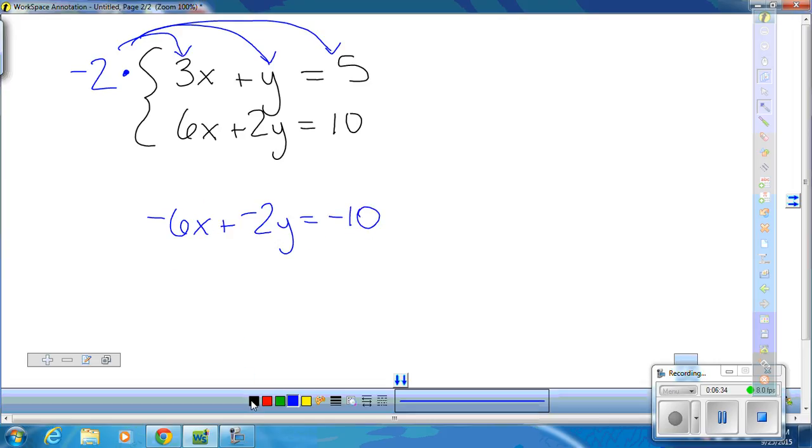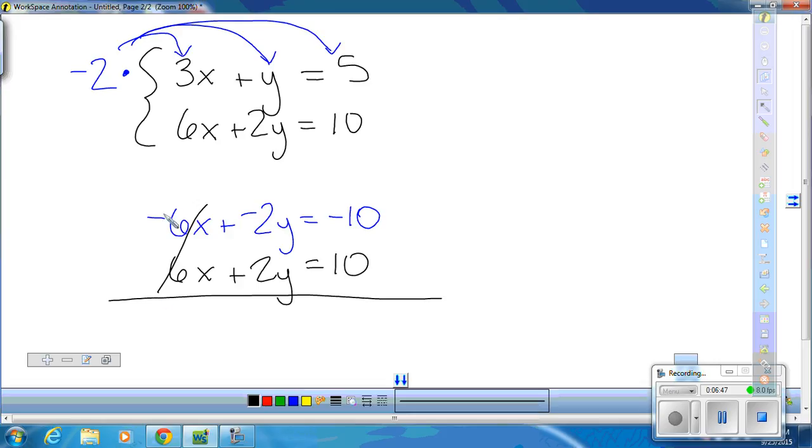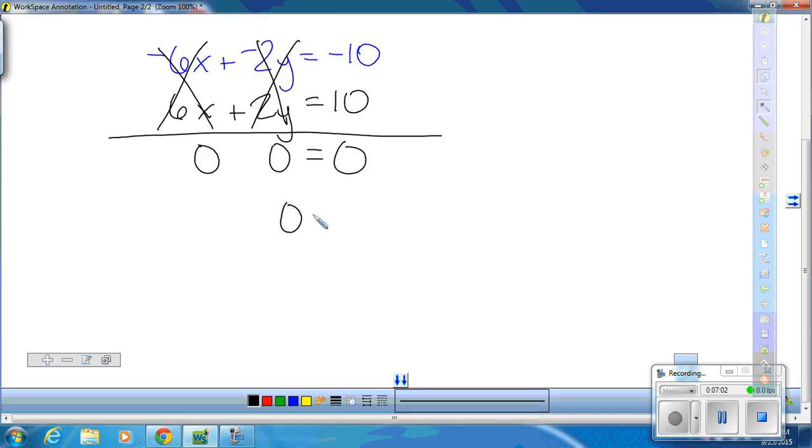And then the bottom equation was 6x plus 2y is equal to 10. Now when I add these equations, look what happens. Negative 6x plus positive 6x cancels out. That's just 0. Negative 2y and positive 2y also cancels out, which is just going to be 0. I've got my equal sign, and negative 10 plus 10 is equal to 0. So I actually ended up with 0 equals 0.